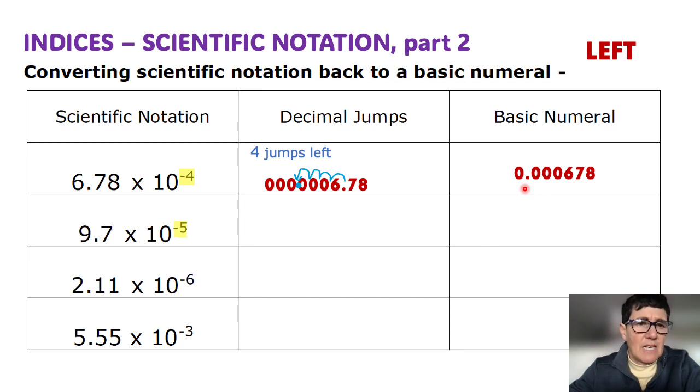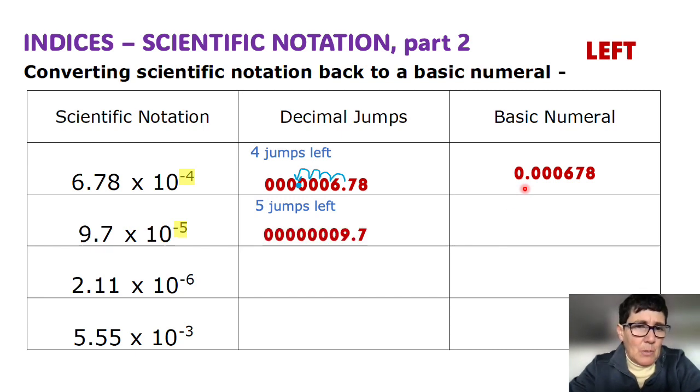10 to the -5. 5 jumps to the left. Remember, when we jump left, we make the numbers really small. So I'm set up with all these zeros in front. 5 jumps. 1, 2, 3, 4, 5. Decimal place goes in there. Rewrite it so I don't have 2 decimals. Done.